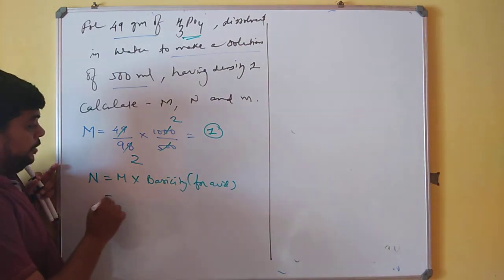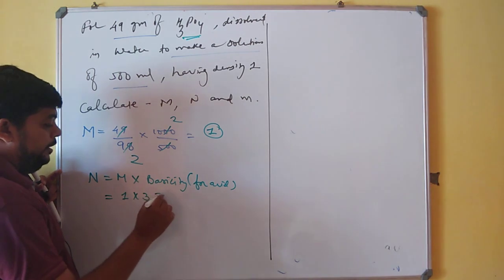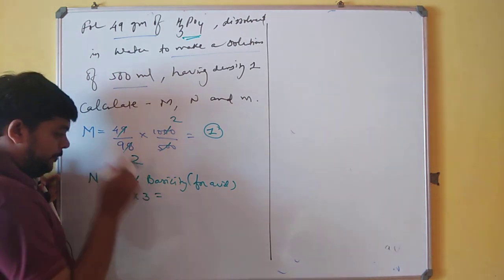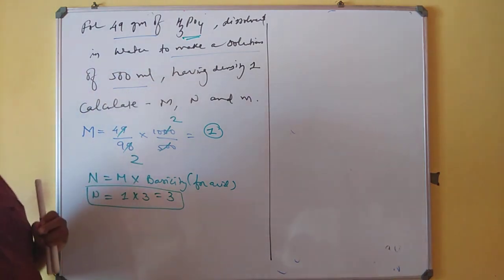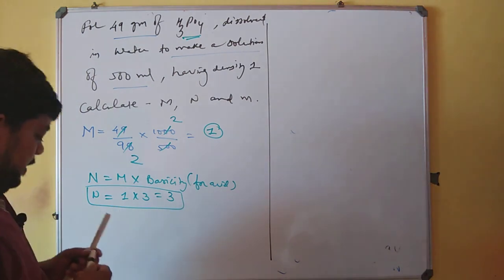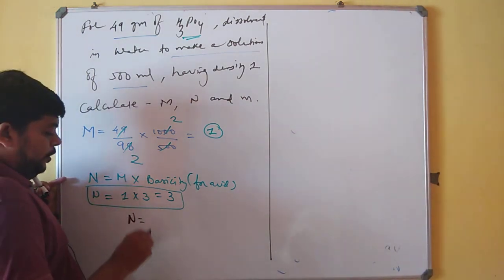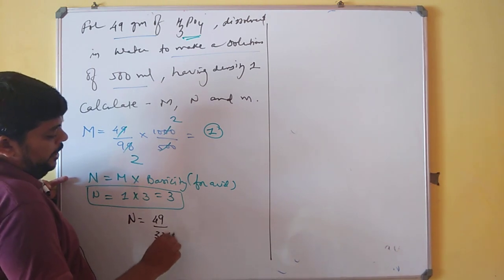So over here molarity is 1 multiplied by 3 because of H3PO4, and therefore I'll have my normality equal to 3. Still, if sometimes in this initial stage of learning we find it confusing regarding normality, what I'll do, normality is equal to weight upon equivalent weight.